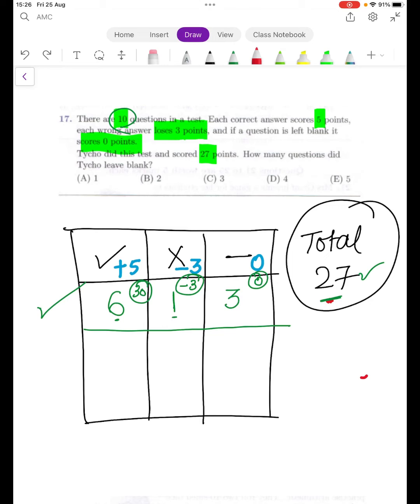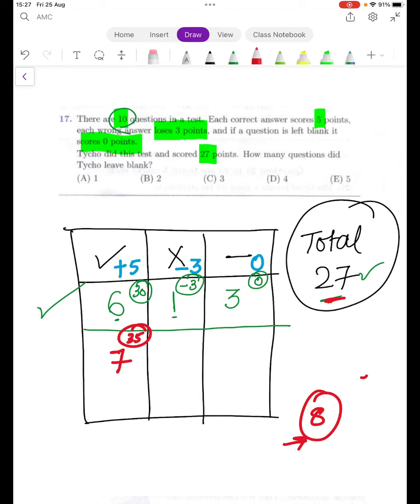Now, it's just by chance, but let's see if another answer could work too. If he attempted 7 questions correctly, he can get 35 marks from here, but we need 27. That means he has to lose 8 marks in order to get 27 marks.